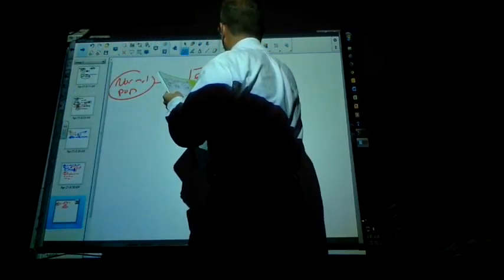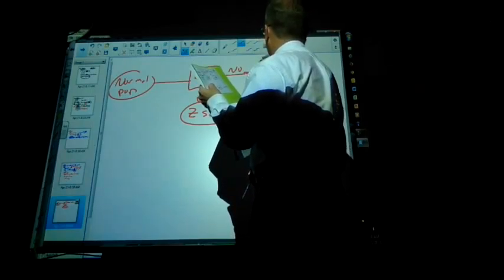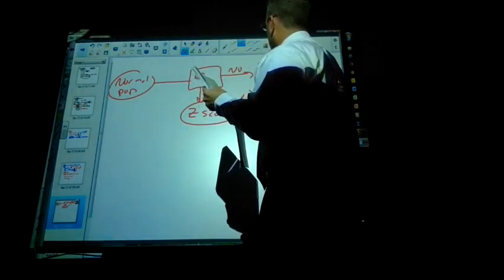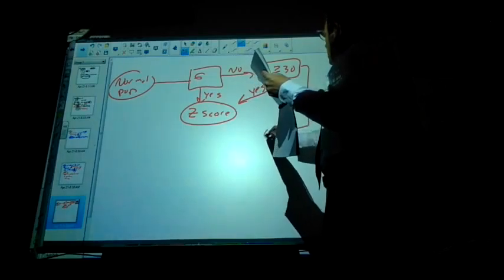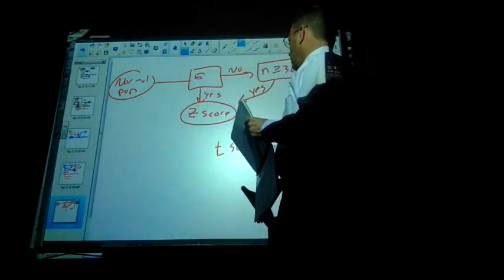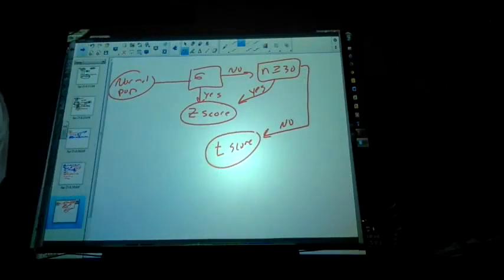If this is a no, but n is greater than 30, you're going to use Z-score. If this is a no, then you're going to use the t-score. Okay, so that's the flow chart that we have to use, which will help us through each of these.